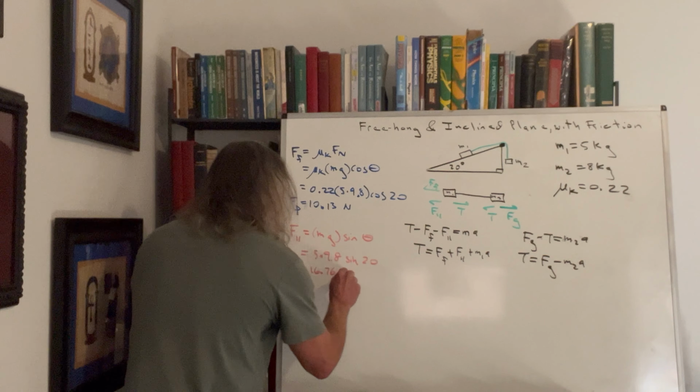Okay, and the weight's easy enough. It's just these two involve sine and cosine, the coefficient of friction, so there's something we needed to work out. So we got those numbers. We can go ahead and do that.